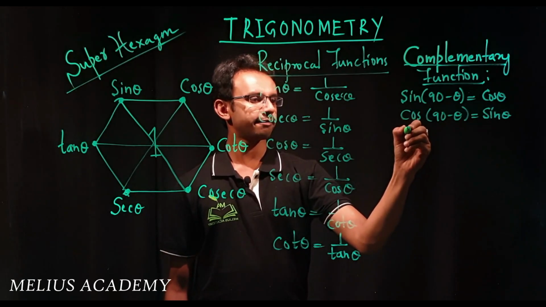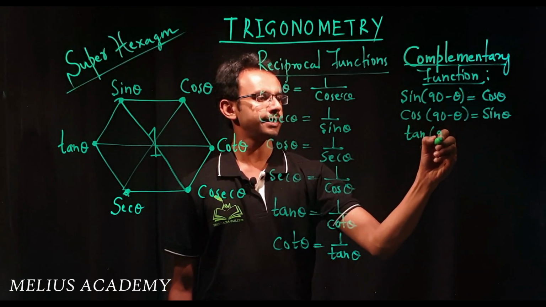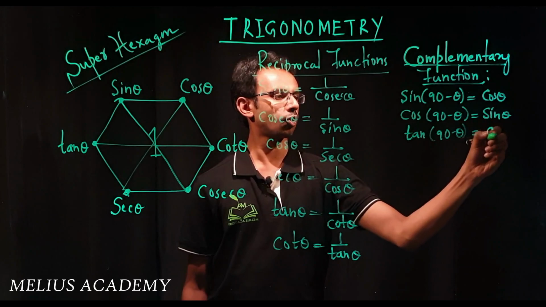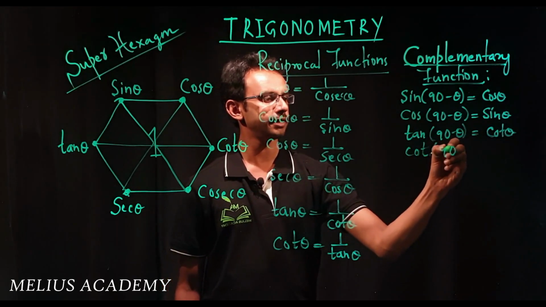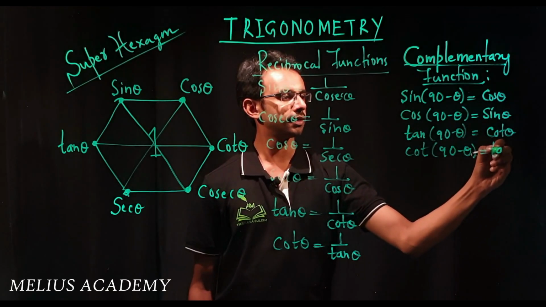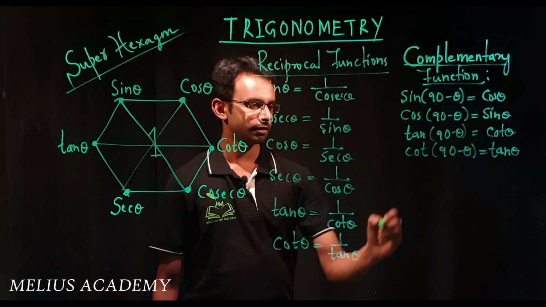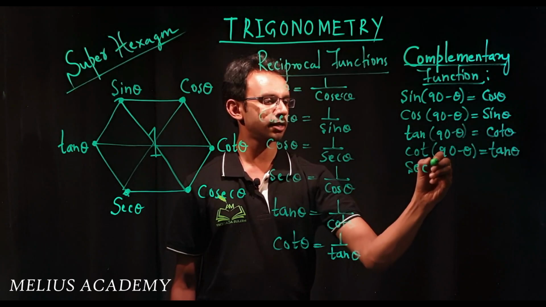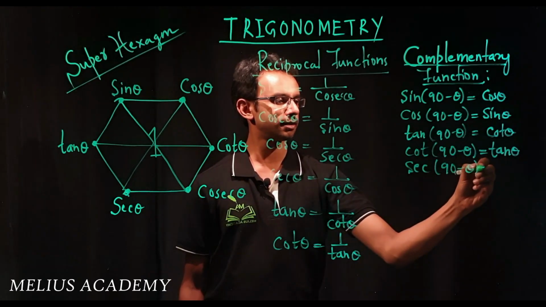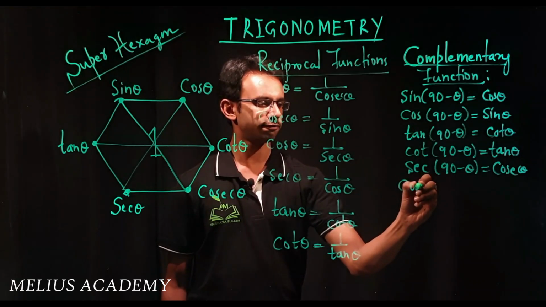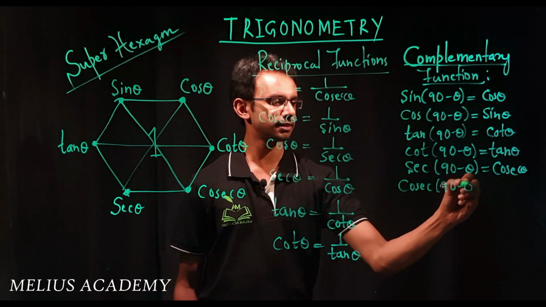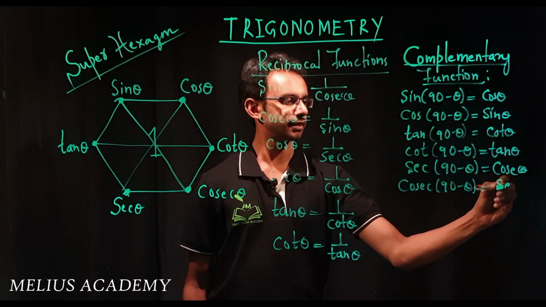Then tan of 90 minus theta is equal to cot theta, or cot of 90 minus theta is equal to tan theta. Then last, secant of 90 minus theta is cosecant theta, and cosecant of 90 minus theta is secant theta.